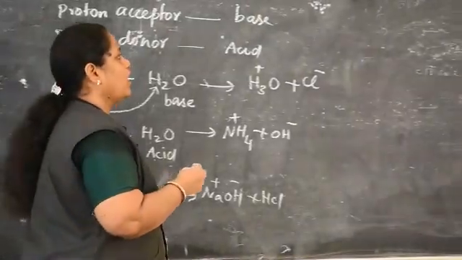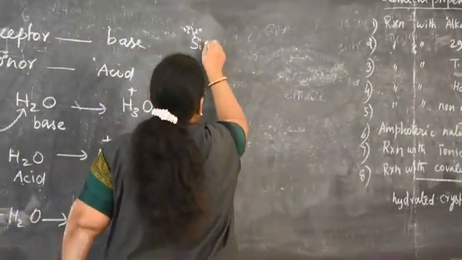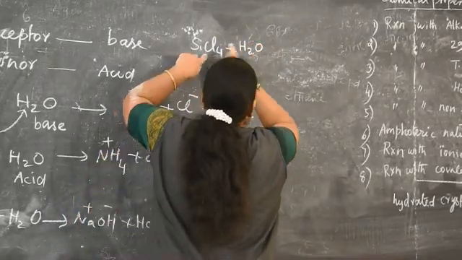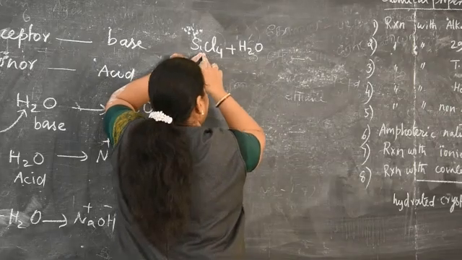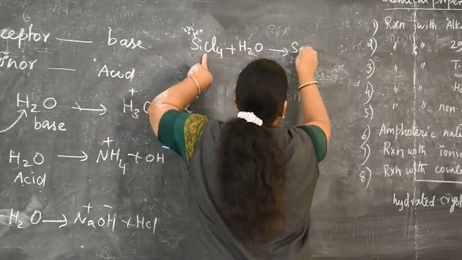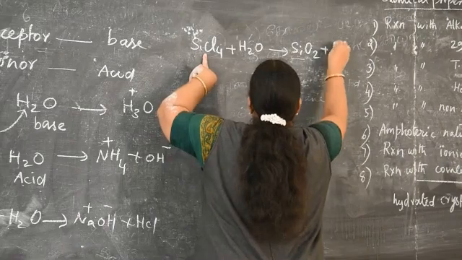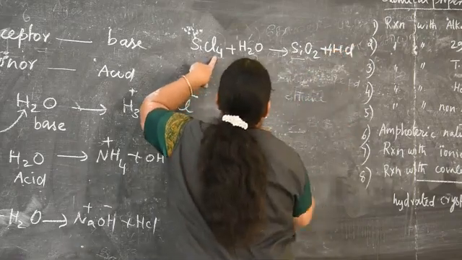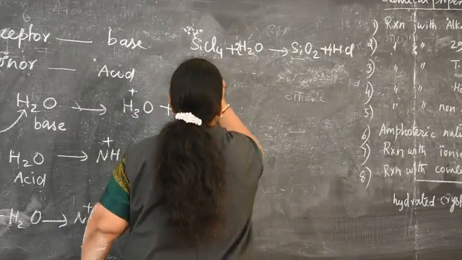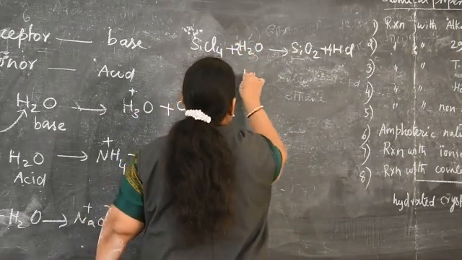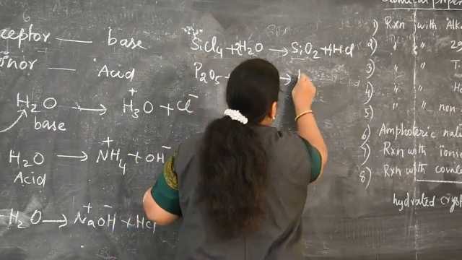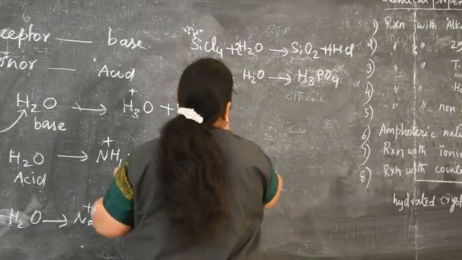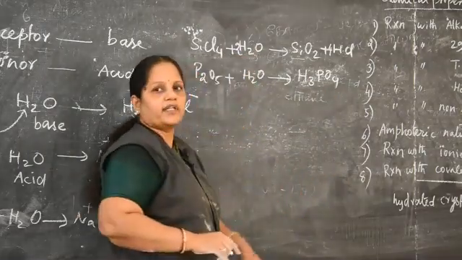What about covalent compounds? Silicon tetrachloride treated with water molecules: the water hydrolyzes silicon tetrachloride into silicon oxide plus HCl. Here 4 is there, that's why I put 4 here. Here 2. Like that, phosphorus pentaoxide hydrolyzed with water forms phosphoric acid.